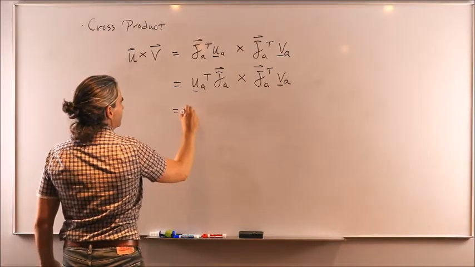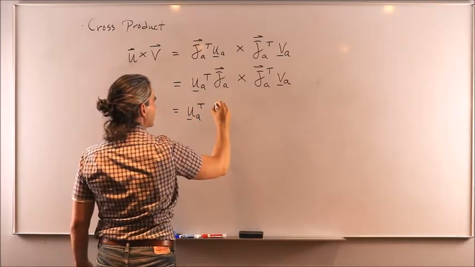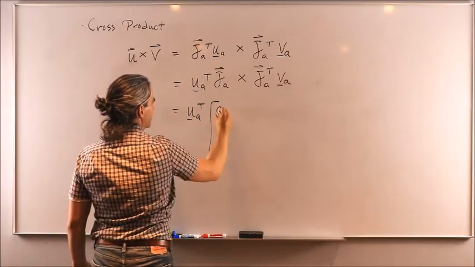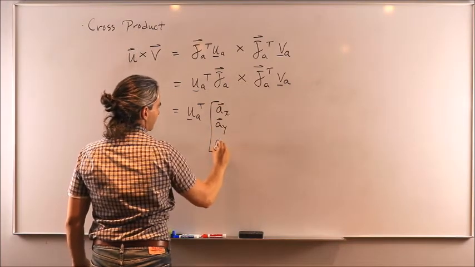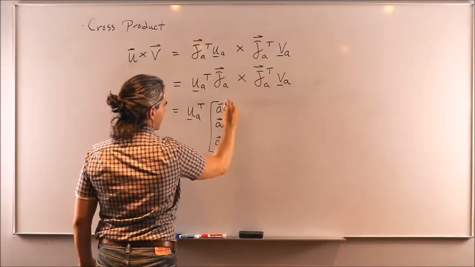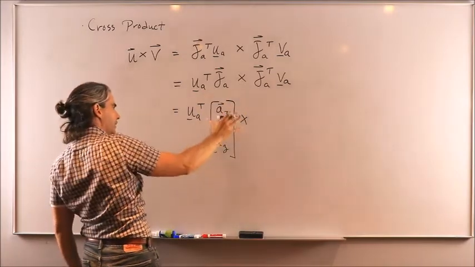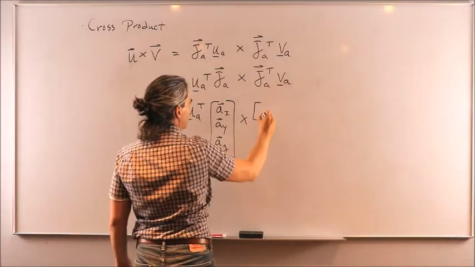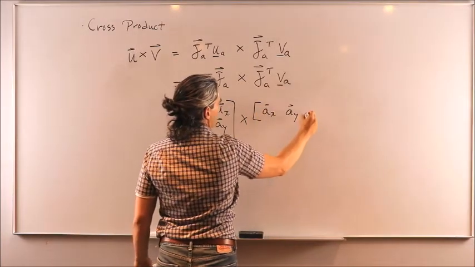Now, exactly as before, I'm going to expand what this vectrix is. So this is a matrix of unit vectors, and this is the cross product of the transpose of that, so I'm flipping the rows and the columns, and writing it like this.